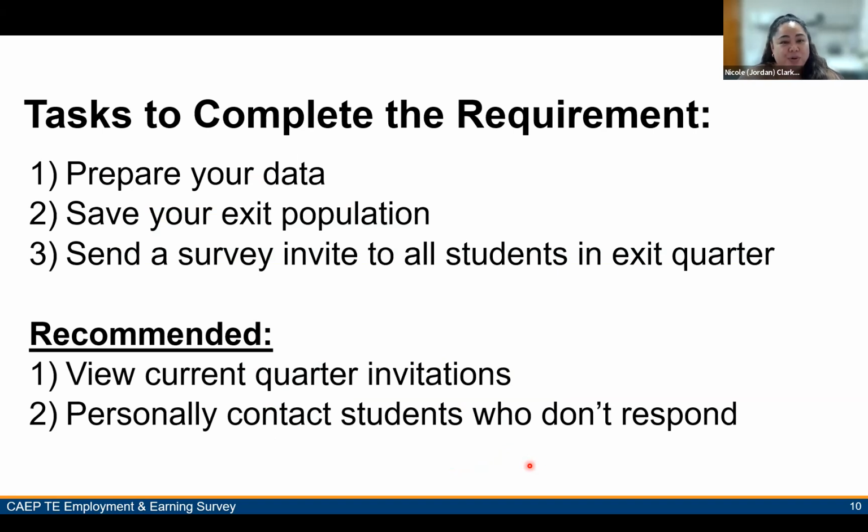Now for CAPE only requirements, and we're focusing on CAPE here, you just need to do those first 3, but it's highly recommended, especially if you're going to be starting that WIOA Title II funding soon, that you're following up with these students on their invitations, and then contacting those students who haven't responded so that we can get higher response rates. And for these next couple slides, I'll go over each step individually.